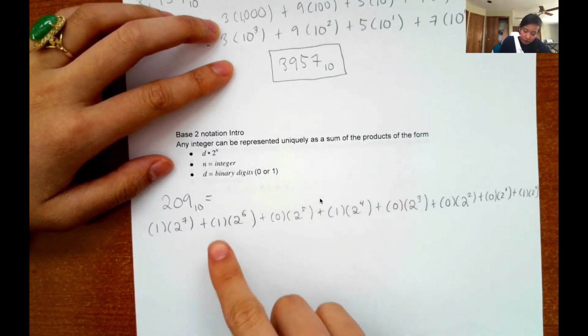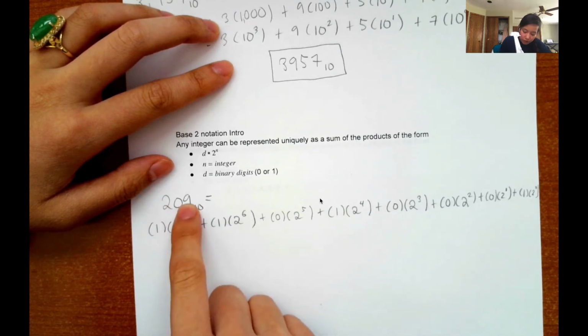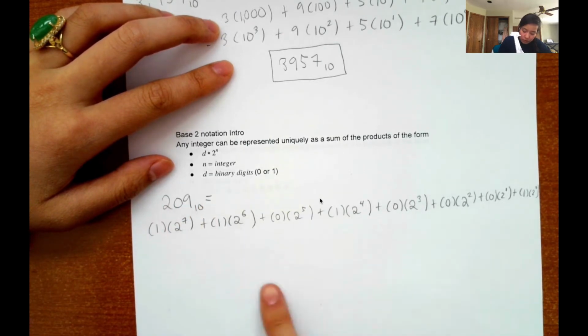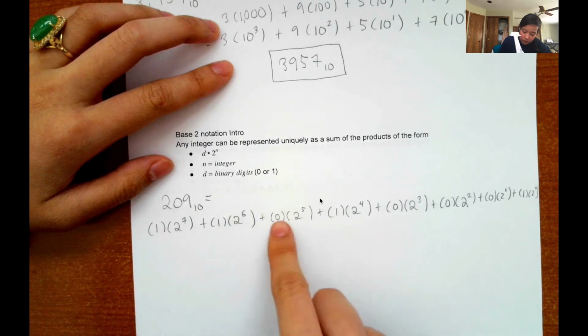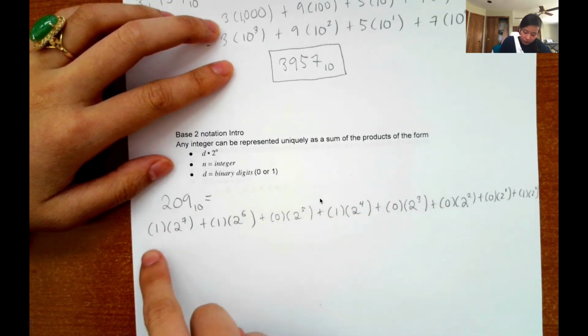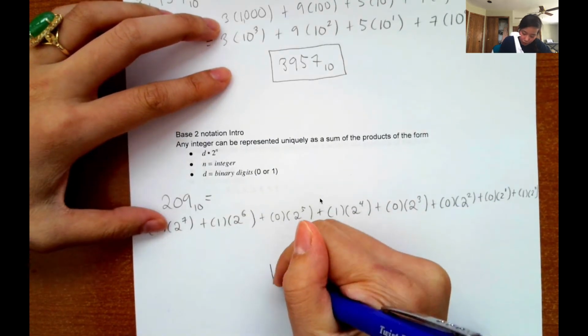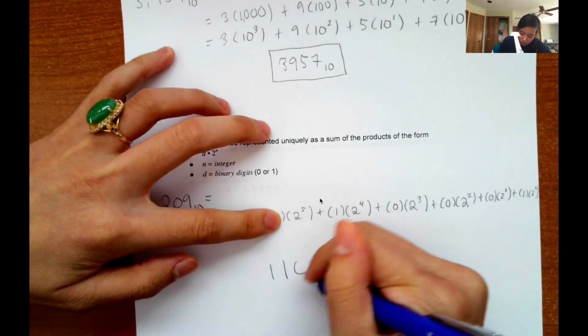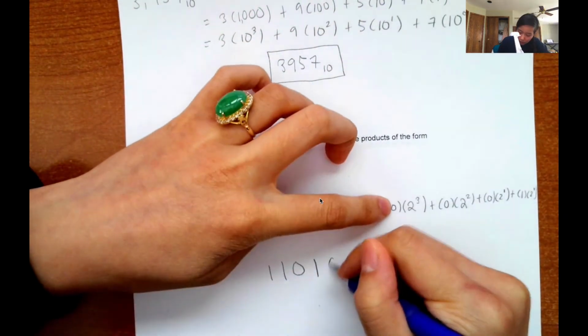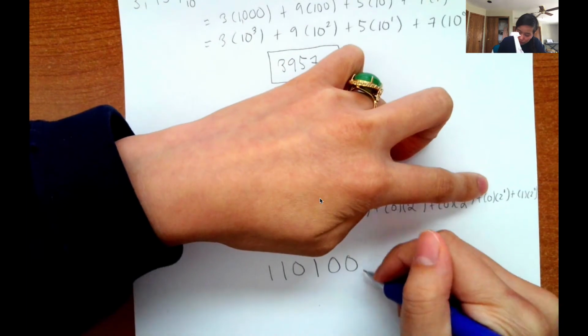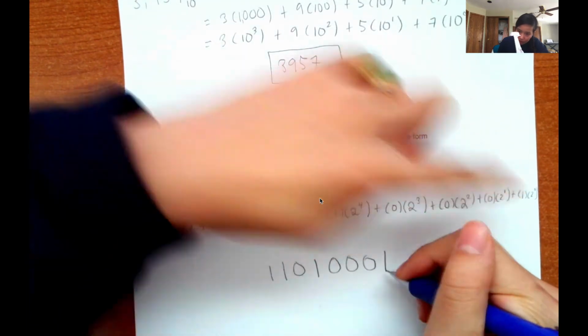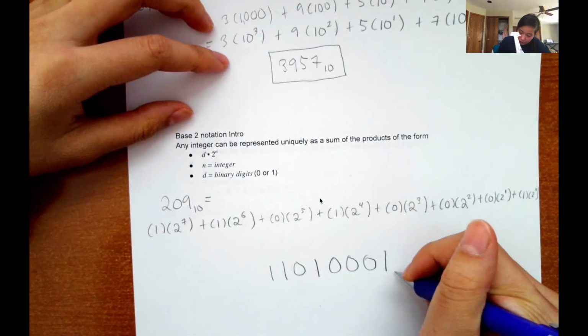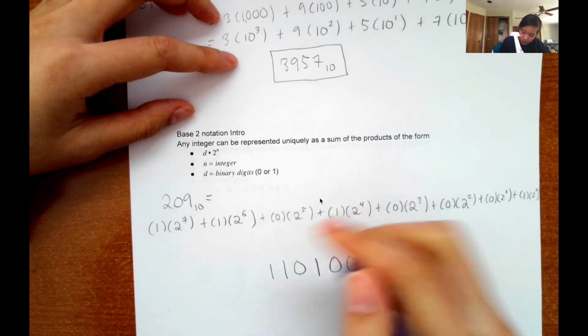And now, in order to rewrite 209 base 10 into base 2, we just take all the d's. So the d's are 1, 1, 0, 1, 0, 0, 0, 1. And then we put a subscript 2 to indicate that this number is in base 2.